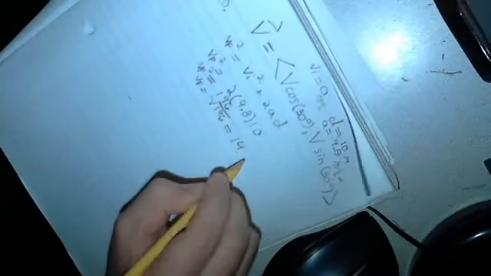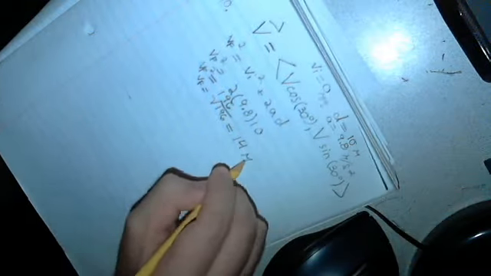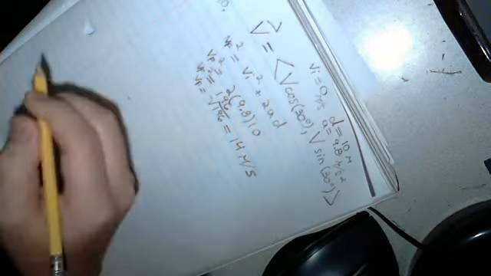So 196 equals Vf squared, and then Vf in turn is going to be the square root of 196, which is 14. Okay, a perfect square. I love perfect squares. So 14 meters per second.